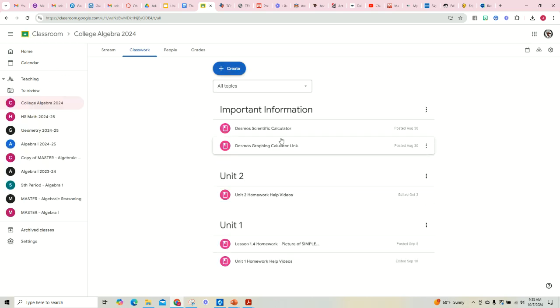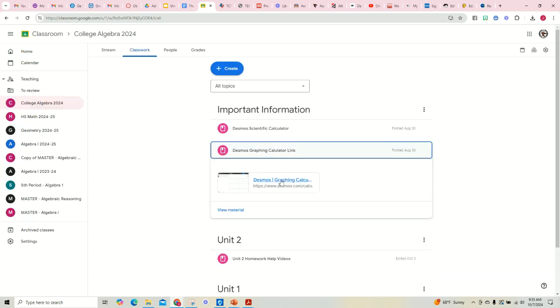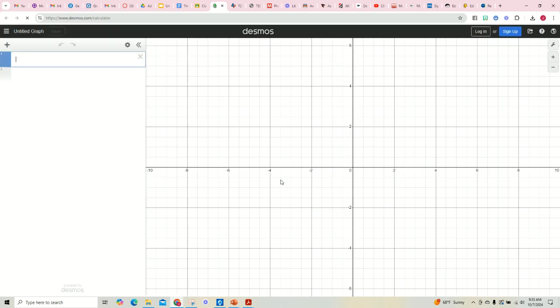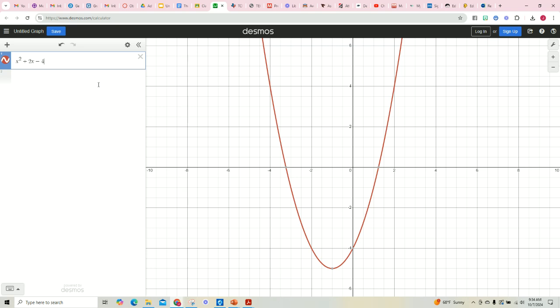So let me go to this and give you an example. Okay, so again, if the original function is, actually let me do a quadratic: x squared plus 2x minus 4. If it's on the outside, it would be 2 times the original function.